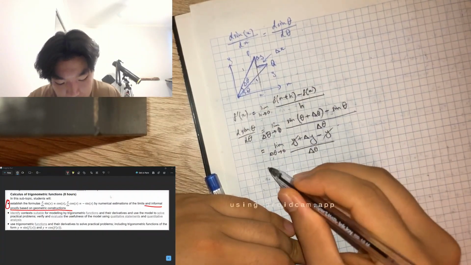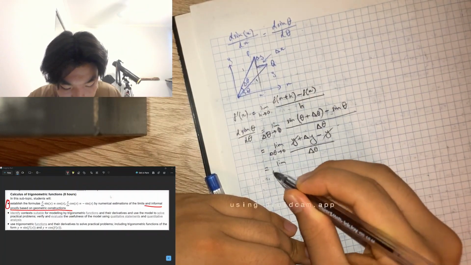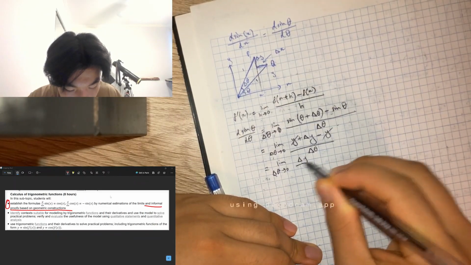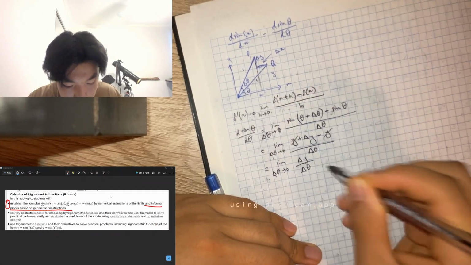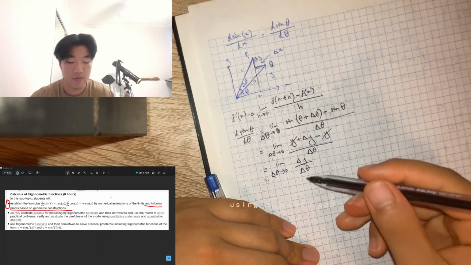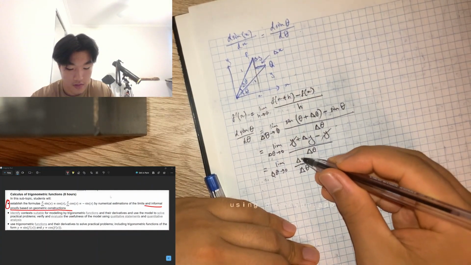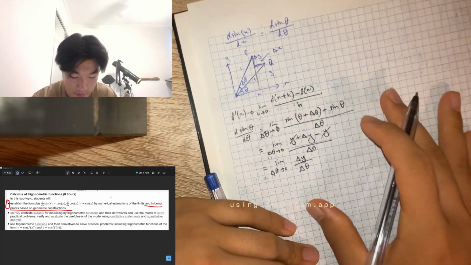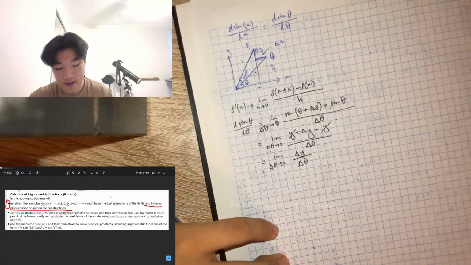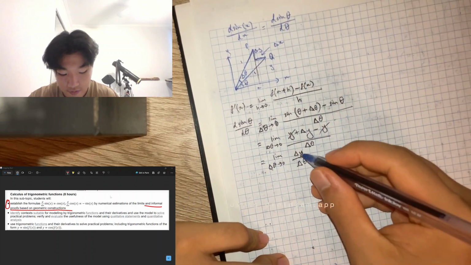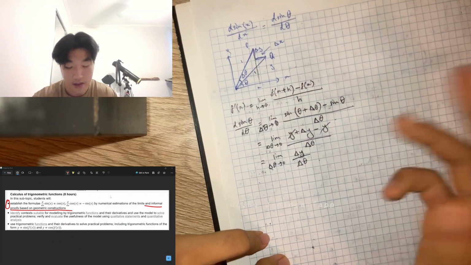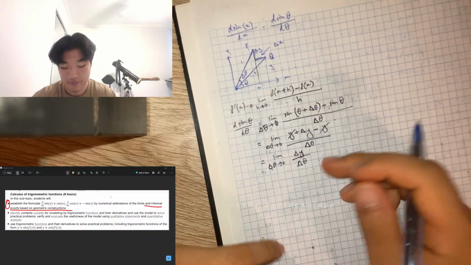These cancel, giving us this equation: delta y over delta theta, with a limit of delta theta approaching 0, because we can't divide by 0 in this case, because then it will be undefined. We have delta y. How do we get an equation so that we can rearrange for delta y and then sub it into this equation?